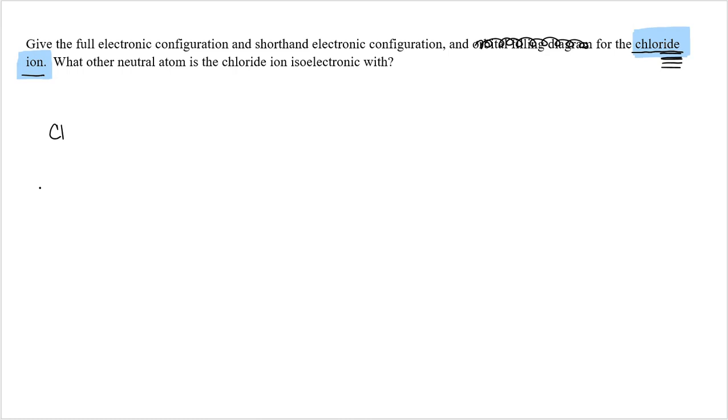Chlorine is a halogen. It's in group 7. It has 7 valence electrons. So think about what charge the chloride ion will have. Since it has 7 valence electrons, it will gain 1 electron. The chloride ion has a 1 minus charge.